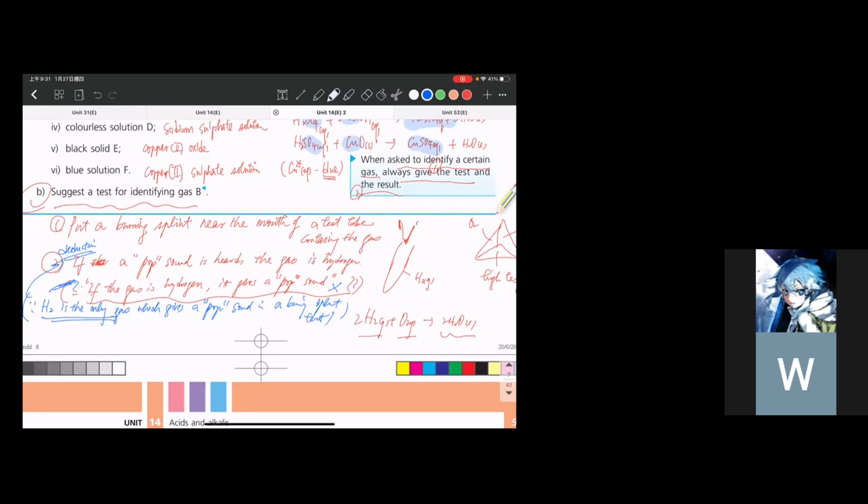So what it brings to our concept of the term chemical test. A chemical test is said to be very suitable when it gives unique results. Unique, 獨特. Do you know the meaning of the term? Unique, which means that there is only one gas which would have such behavior.